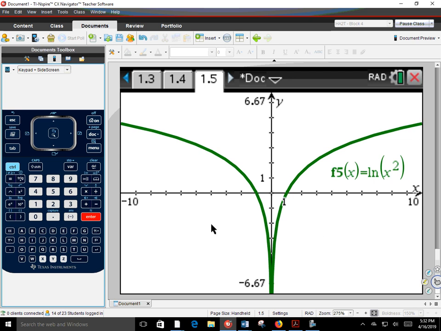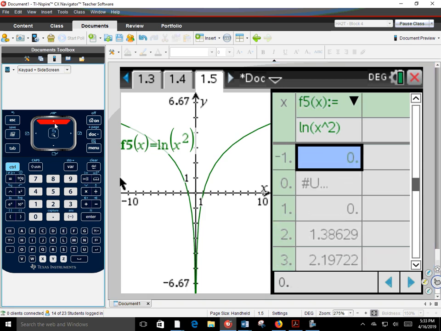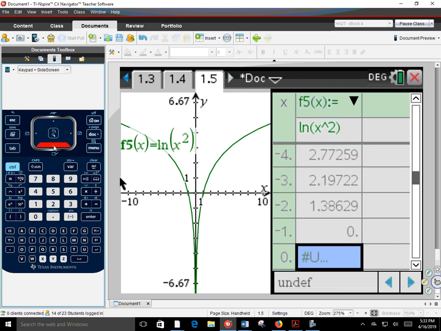Well, that graph is great, and if I pull up a table, Control T, notice what's happening when x equals 0, we get undefined. But everything is defined other than that, because remember, what you plug into an ln has to be positive, not just 0, not just non-negative.